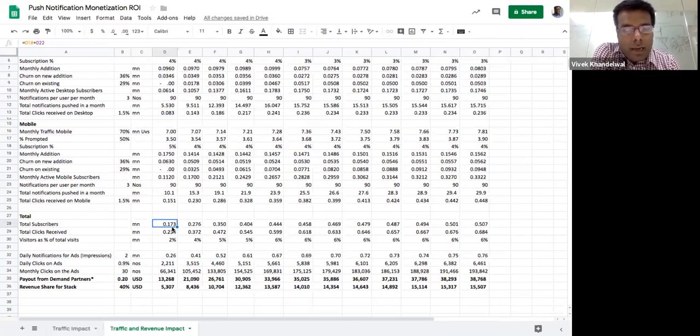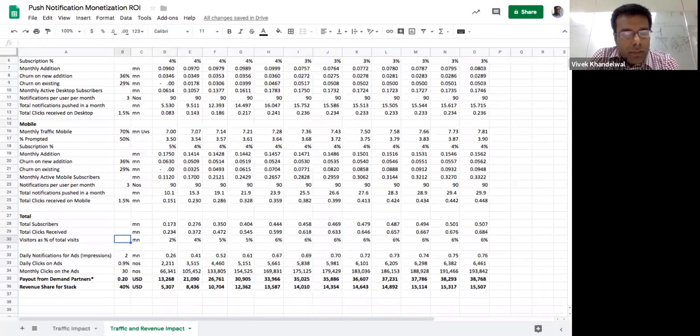Now, given this and the notification volume activity to be at 3 per user per month, right, you are potentially looking at increasing your traffic by 2% in the first month itself, right? And this sort of keeps on growing from 2% to 4% to 5 to 6, and so on, right?